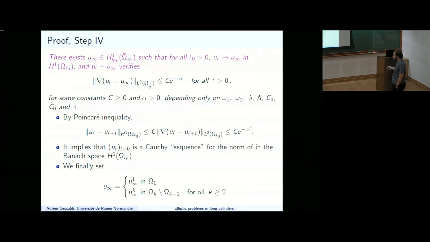So for every integer K, we have a limit U infinity K. And by setting this one, we have our limit since it's defined everywhere, noticing that U infinity K is equal to U infinity L for every L less than K on omega L. So I'm just adding some parts, but they remain the same where they are defined together.